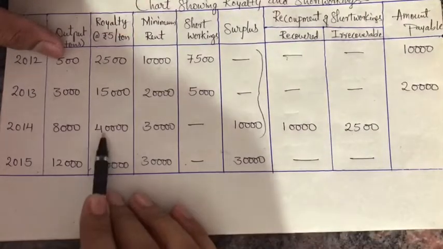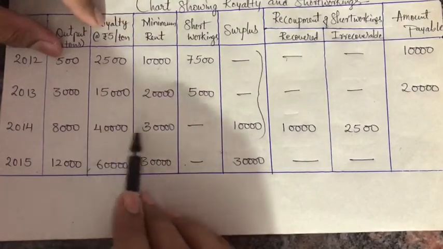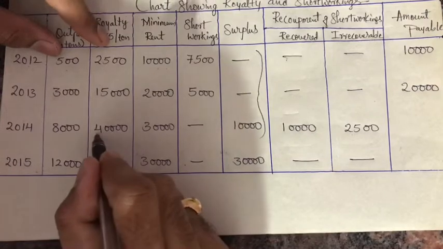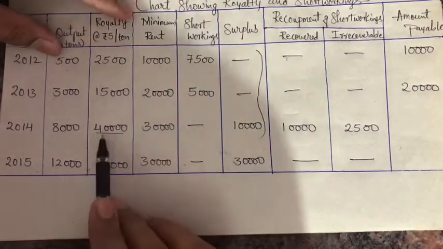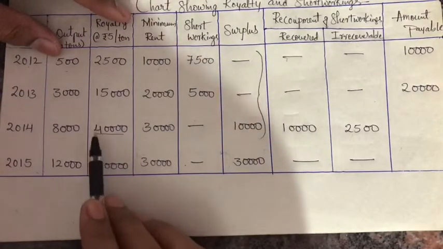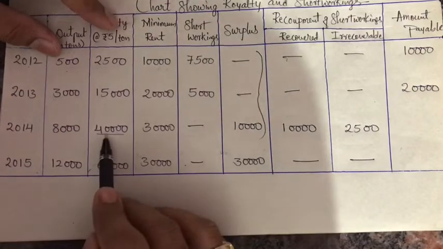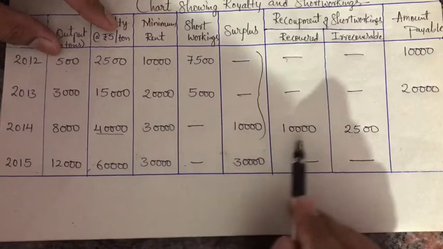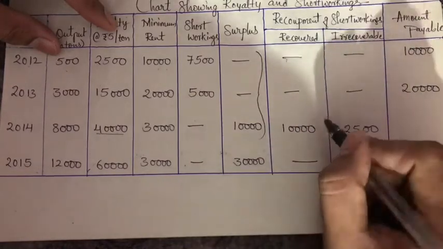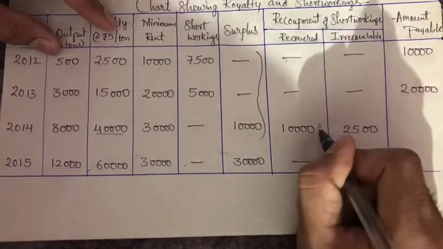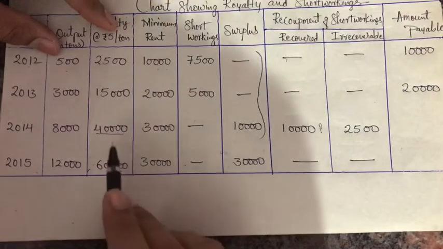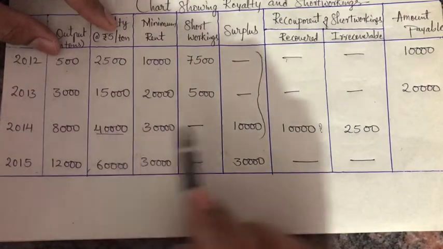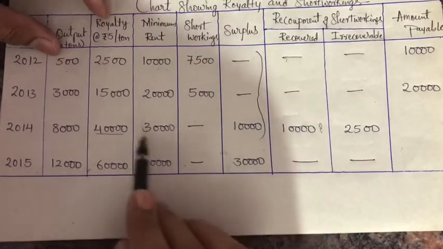In the third year, whichever is more, royalty or minimum rent. In this year, royalty is more. Whenever royalty is more, then you have to check. If royalty is more, obviously we had surplus. If we have surplus, did we recover anything or not? Yes, we have recovered. How much did we recover? We recovered 10,000. So out of 40,000, 40,000 is greater than 30,000, right?